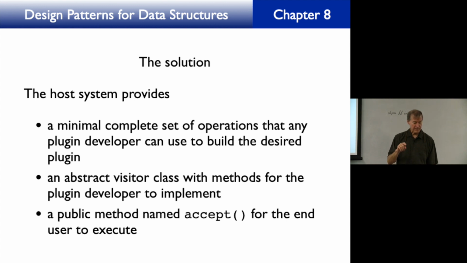So the plugin developer uses that abstract visitor class. And then the host also provides a public method named accept. But that accept is not for the developer, that's for whom? That's for the end user of the plugin. The end user's software is what calls accept. So think of it that way.